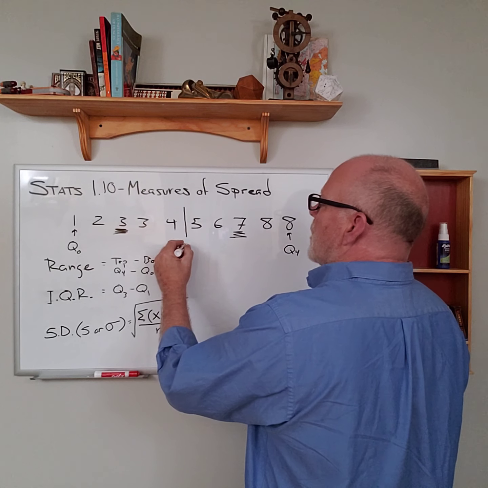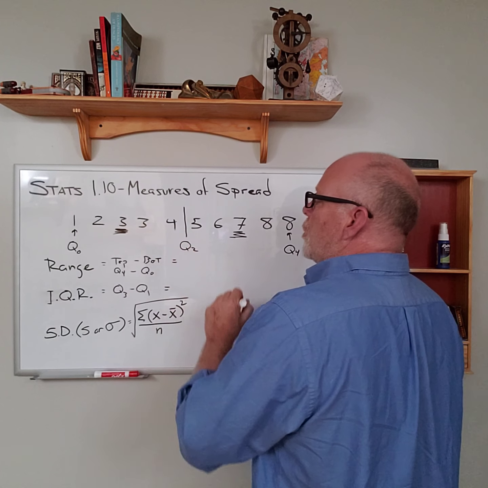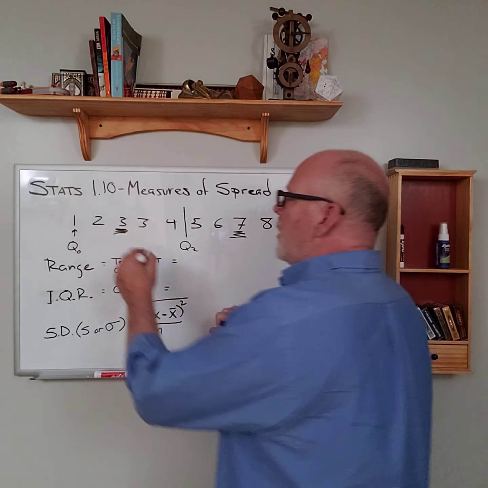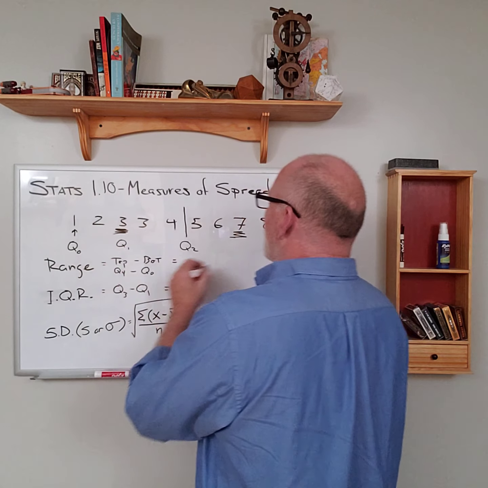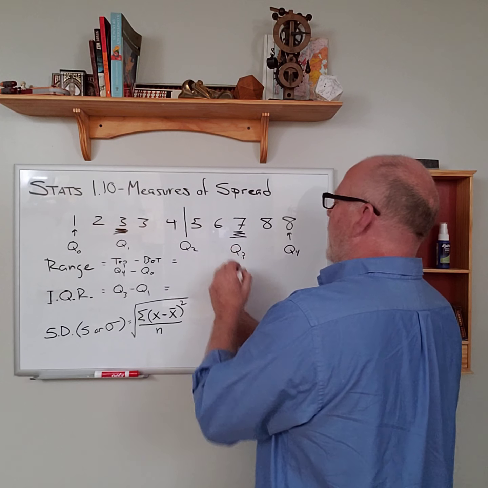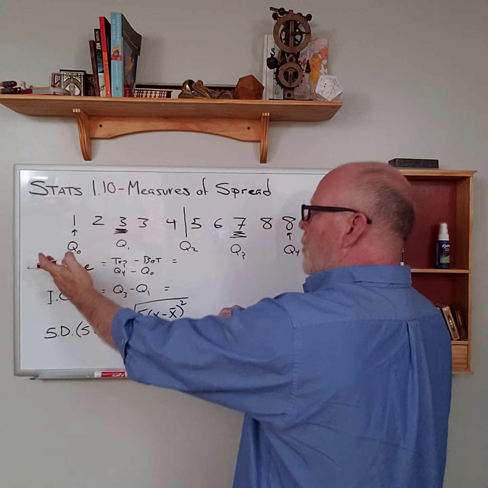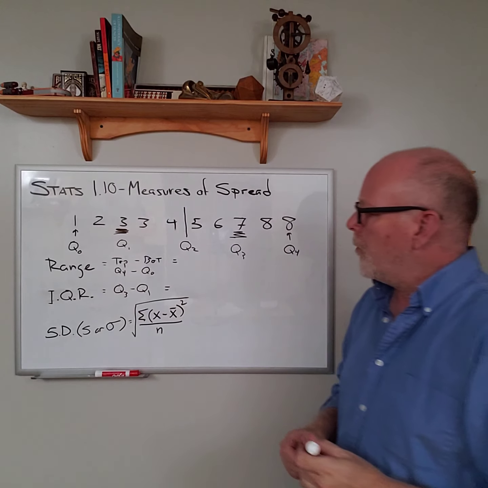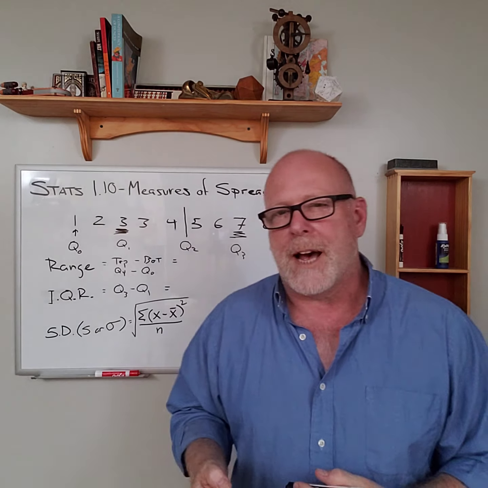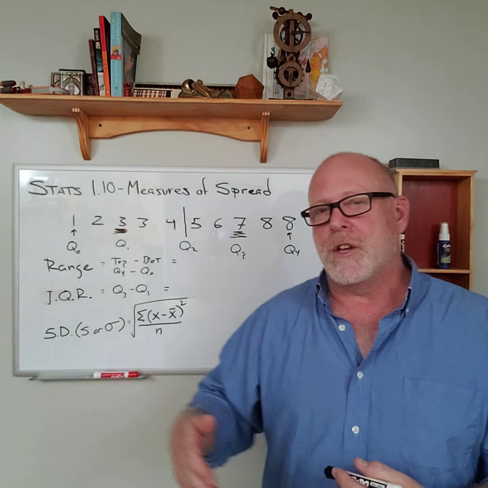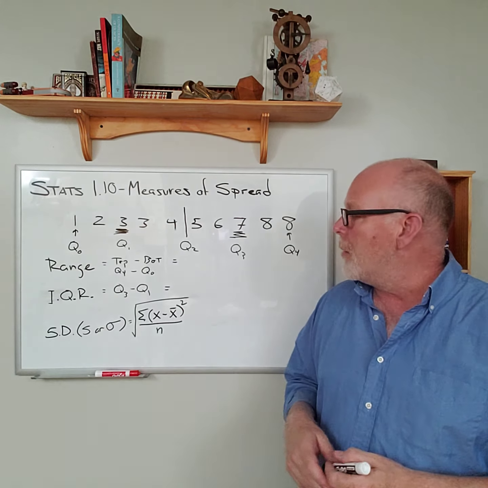The median that we talked about last time, that's Q2, because 2 quarters of the data fall below. This one's called Q1 and this one's called Q3, right? 1 quarter of the data is below, 2 quarters below, 3 quarters below, 4 quarters below. So those are the quartiles, and they're going to be important in a topic that we're going to do a couple videos from now called the 5-number summary.